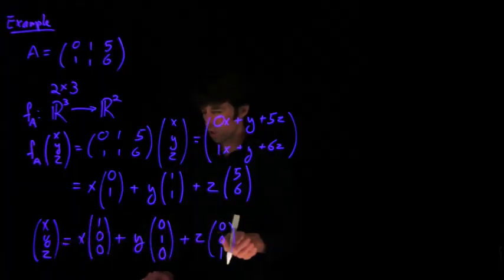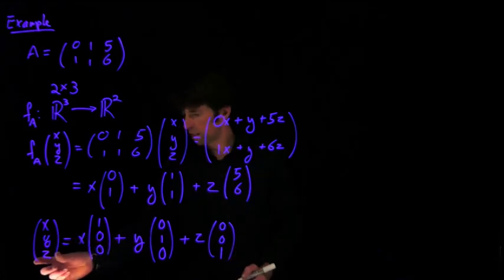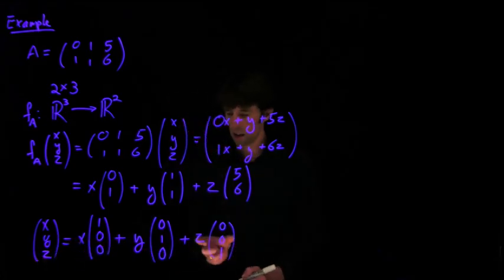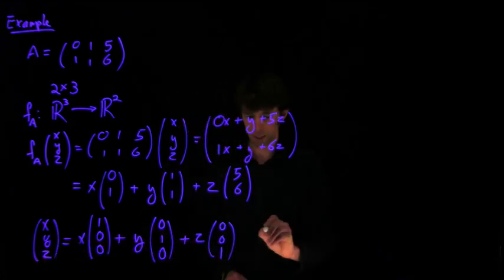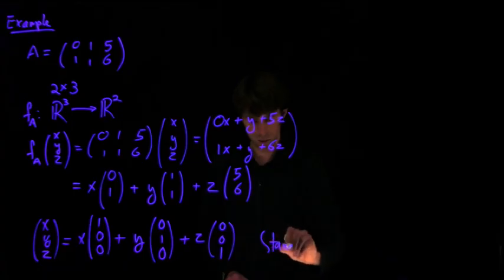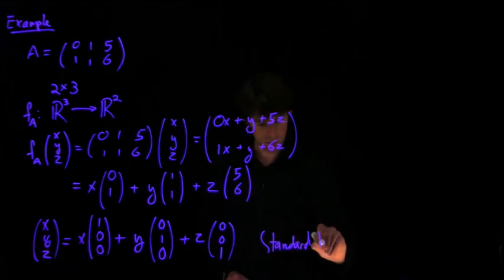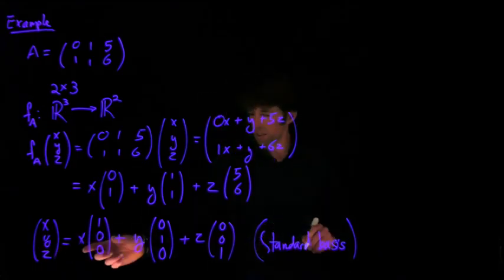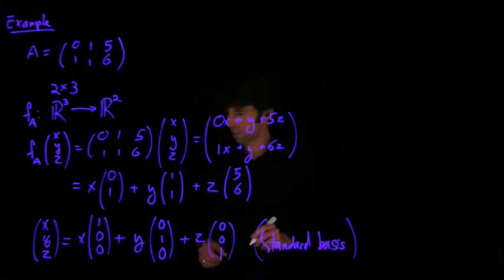So I'm just observing that I can take an arbitrary vector and write it as a linear combination of these 3 standard basis vectors.